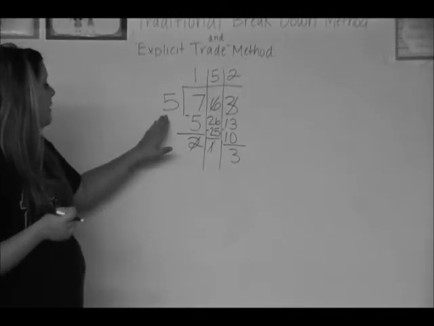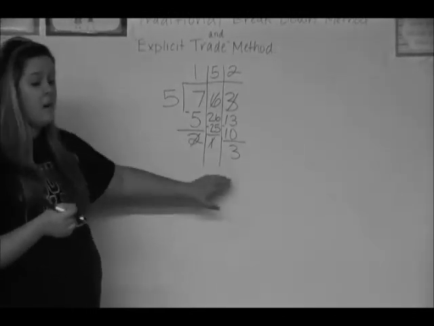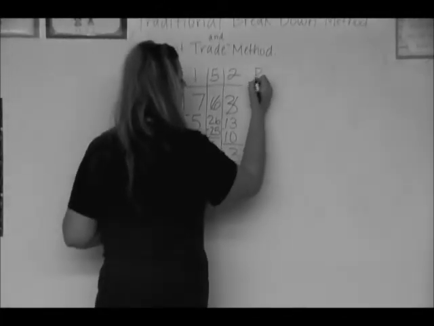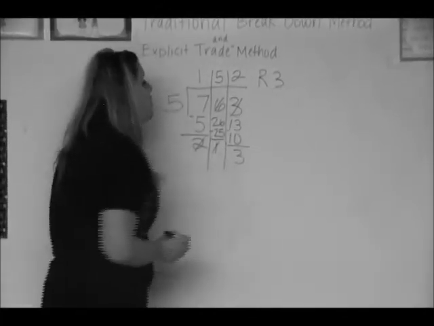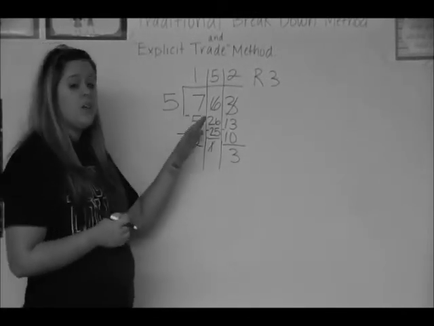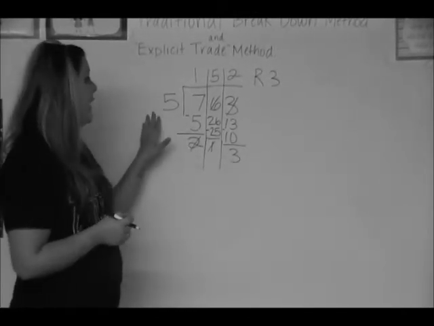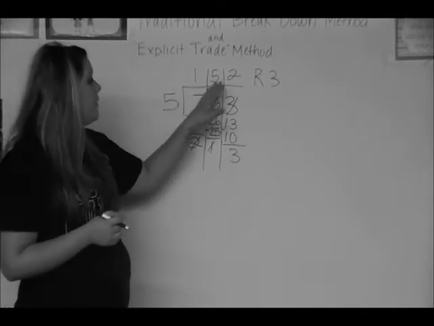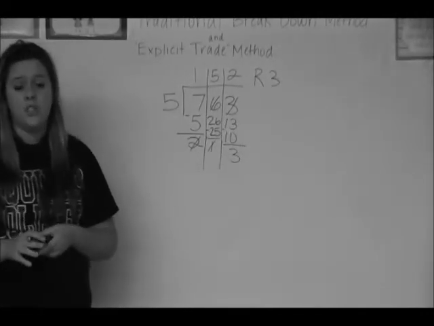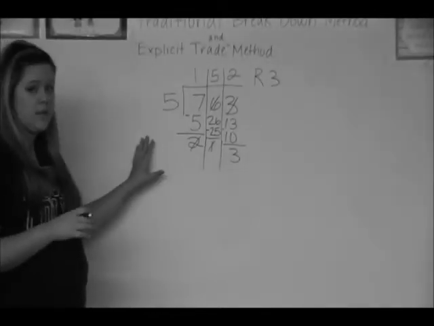Now, being that 5 cannot go into 3, we know that we are going to have a remainder of 3. So, using this method, we also found that 763 divided by 5 is 152 with a remainder of 3. We used 2 different strategies to come up with the same answer.